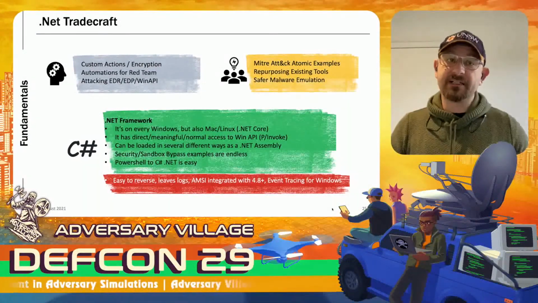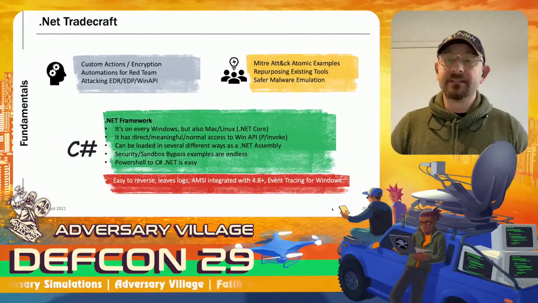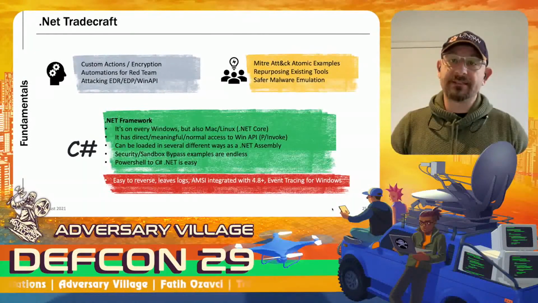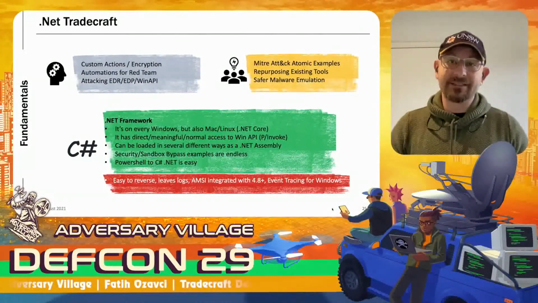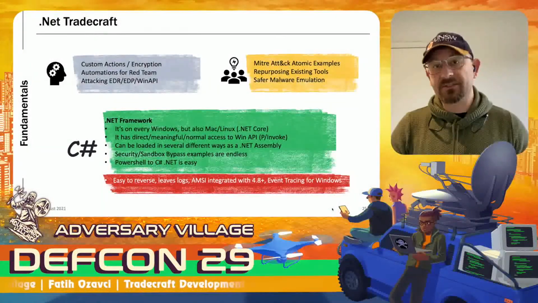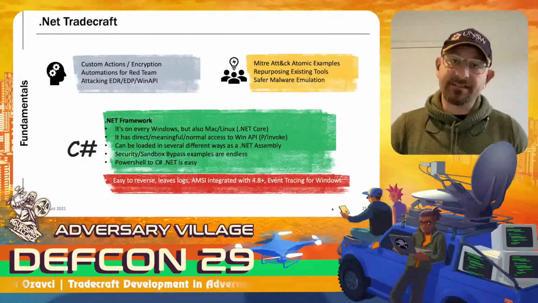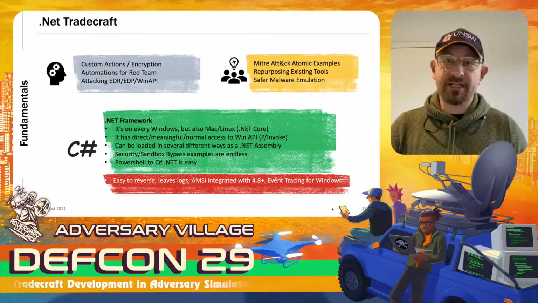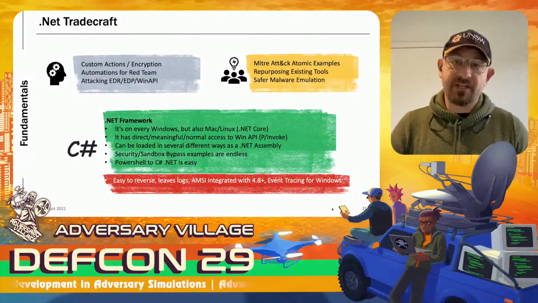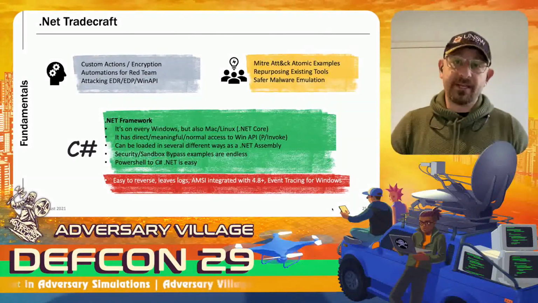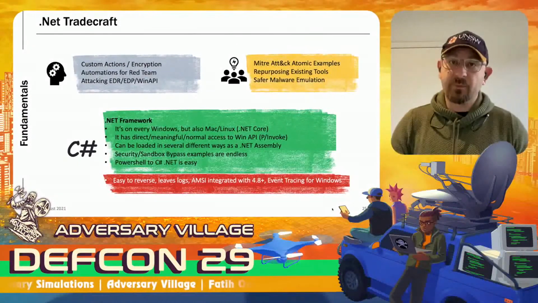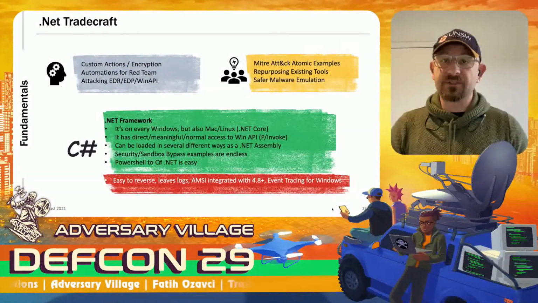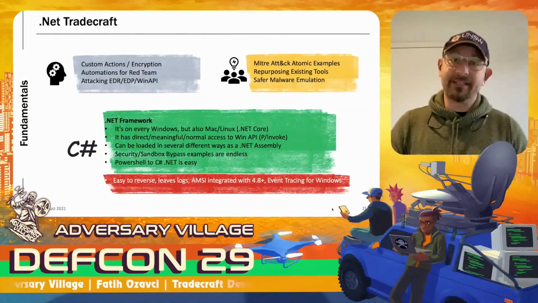Moreover, there's a problem with C# and .NET assemblies. Just like what happened to PowerShell, C# and .NET also get their own security controls. After 4.8, .NET Framework also has AMSI integration, and Windows Defender can identify your malicious behaviors even though they are not running. While you are loading the tools or certain functionalities, they can be detected.